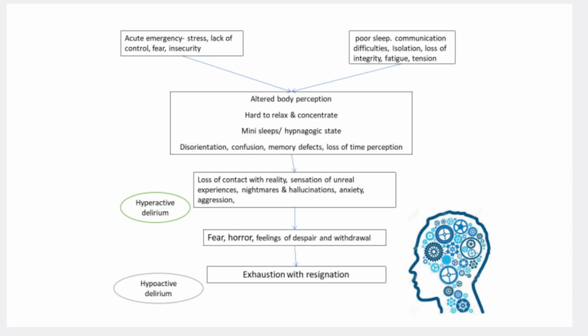But what's going on in their body, as well as the disease or injury process, is poor sleep, an inability to speak, a feeling of isolation and loss of body integrity, and general overwhelming fatigue and bodily tension. These psychological and physical components together give the person an altered temporary body state.